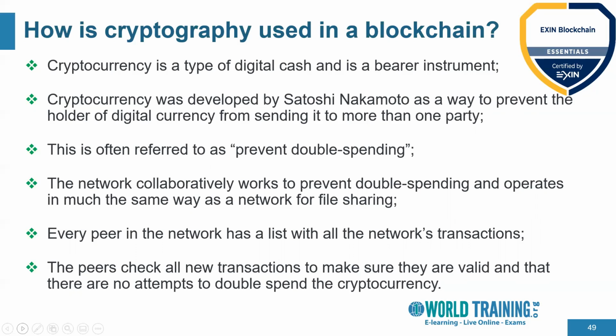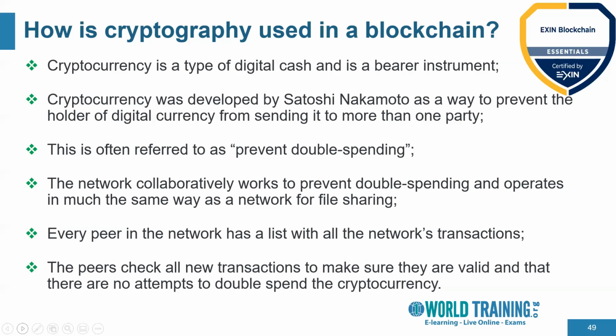Your network collaboratively works to prevent double spending, and it operates in such a manner that the network works for file sharing. It is a fundamental ability of the network which avoids double spending, and it helps you share currency or cryptocurrency in a more trusted manner.